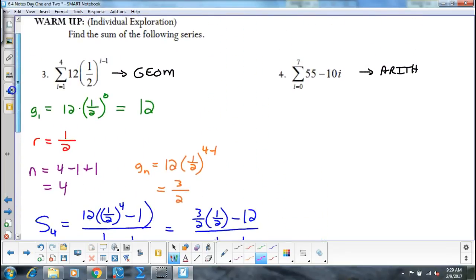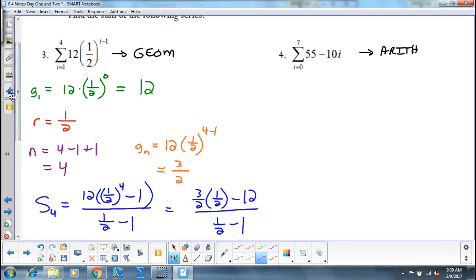Okay. Arithmetic, I need A sub 1. A sub 1 is going to be 55 minus 10 times 0, so that's just going to be 55. Then I need A sub n, which is going to be 55 minus 70, which is negative 15. And then I need n, which is going to be 7 minus 0 plus 1, which is 8.